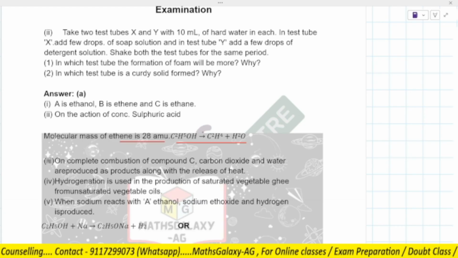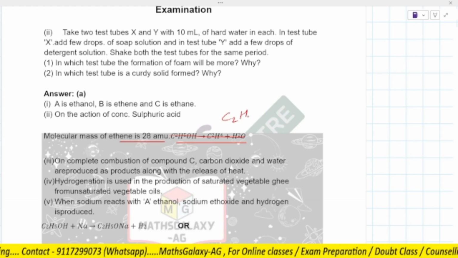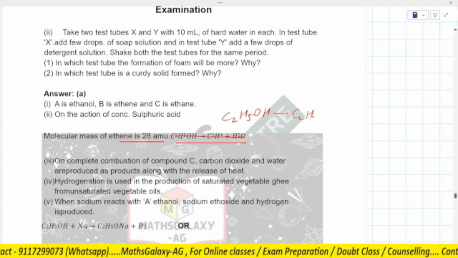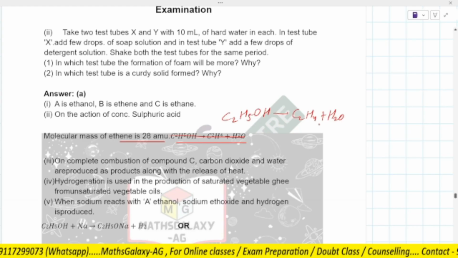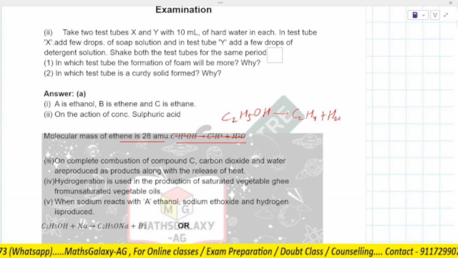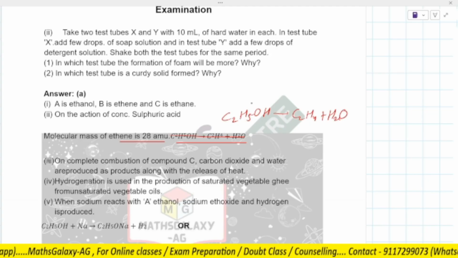The formula should be like this: C2H5OH gives C2H4 plus H2O.